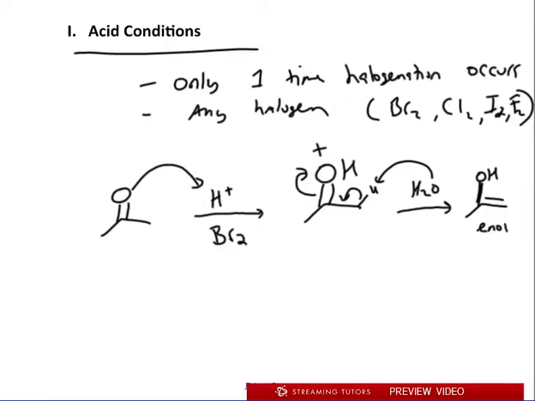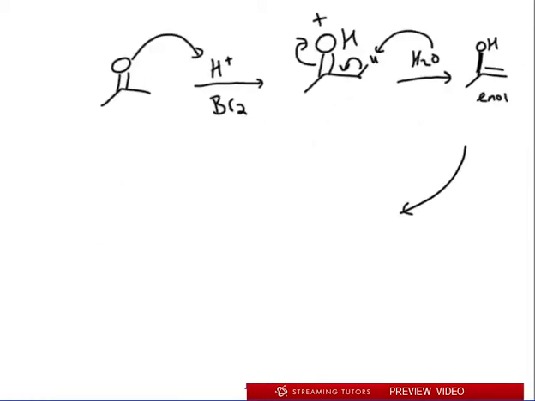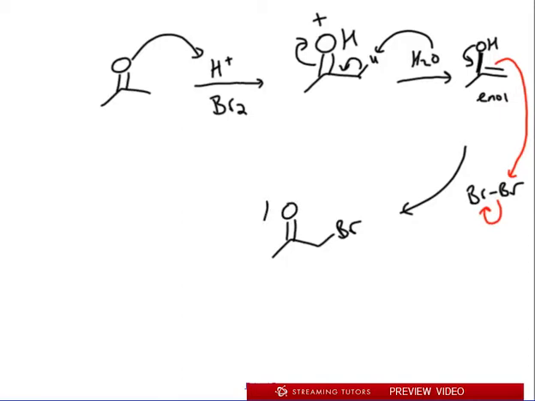This is the enol. Once the enol is formed and it tries to go back around, this is when the Br comes in. Remember, we're looking for a positive source. The Br of Br2 is the positive source, so the Br gets pulled in while the other Br leaves, and we make a connection on the alpha position. We get this right here, positive. Then finally you have some kind of deprotonation.